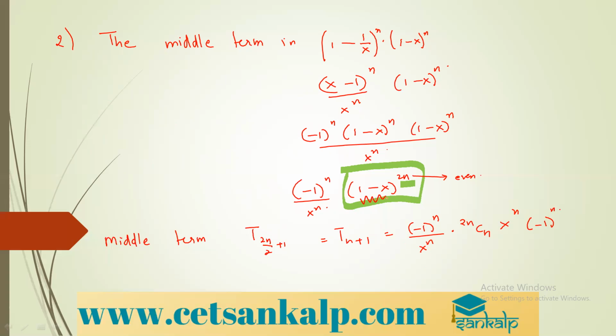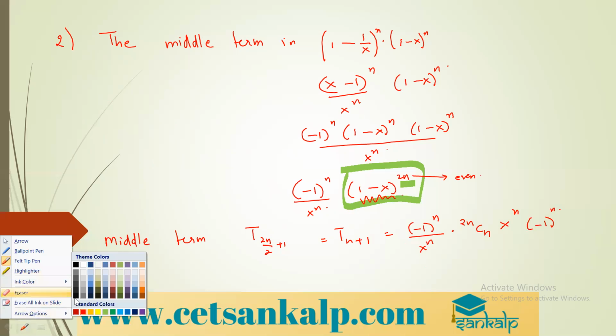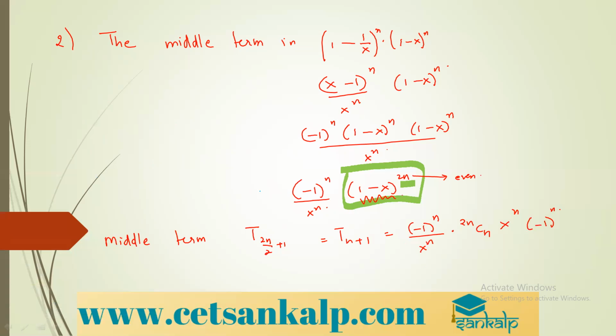I'm writing the expansion of this. Let me tell you what formula I have used to write the expansion. When I have 1 minus x whole power n, if I want to write the Tn plus 1 term, it will be nCn minus 1 power n x power n.